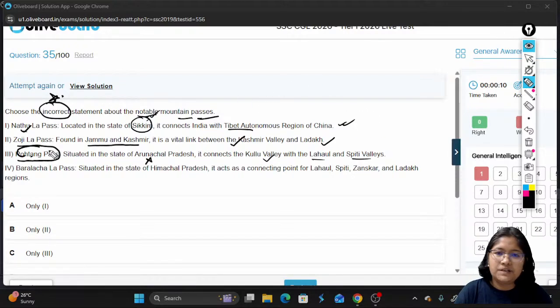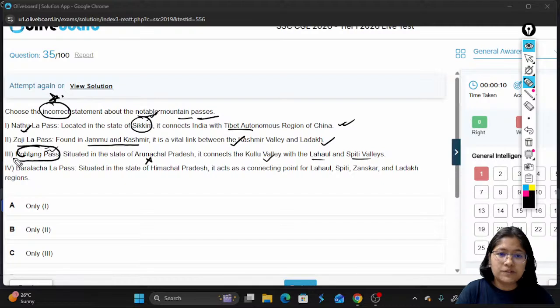From Manali, first you get the adventure sport region of Solang, and from there you go up, and then there is Rohtang Pass. Now these places are more crowded, which is good for tourism as well. There was a time when Rohtang Pass did not used to be that crowded.